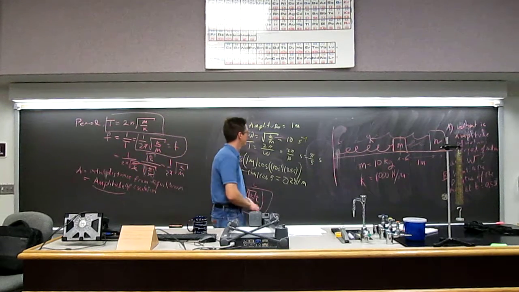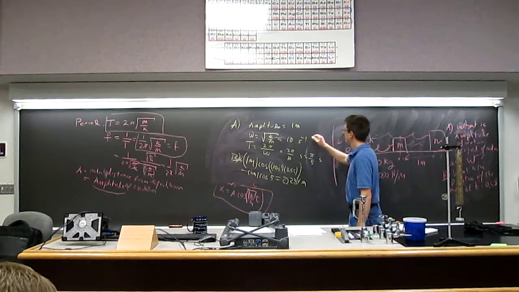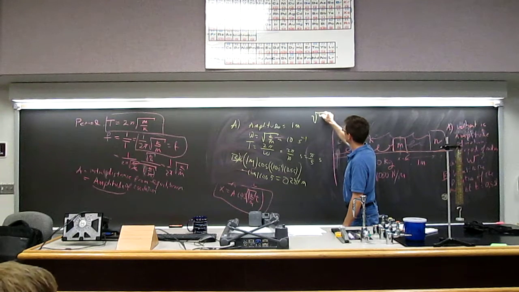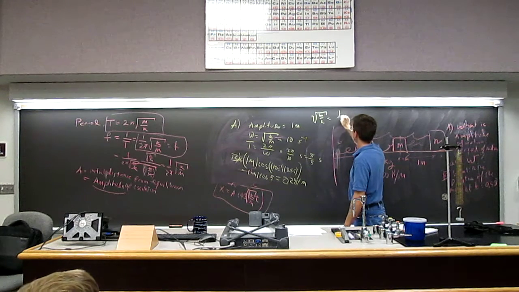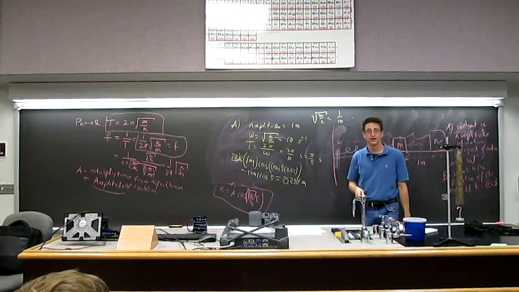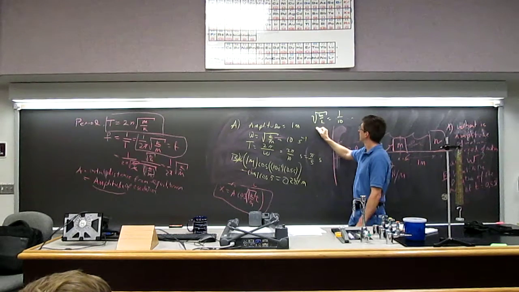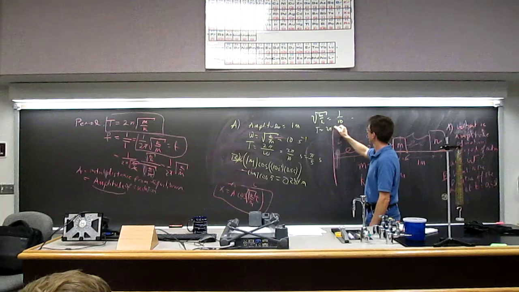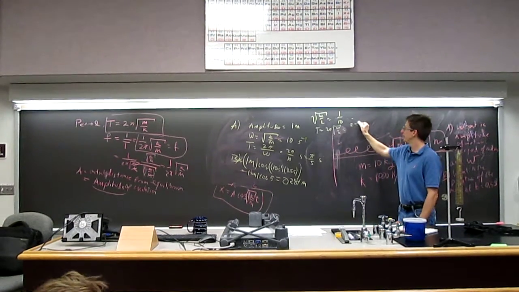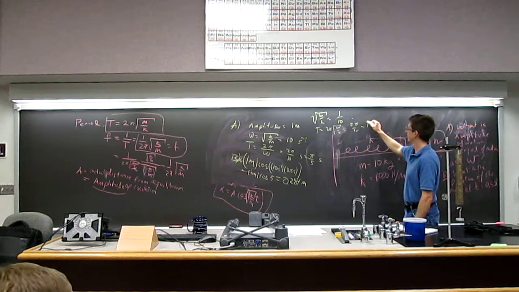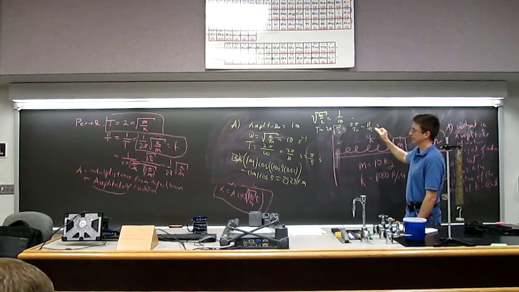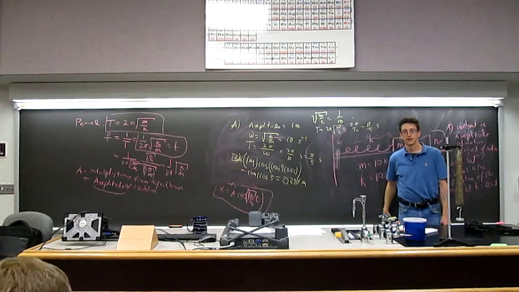So the square root of m over k is 1/10, right? So T is 2 pi times the square root of m over k. 2 pi over 10 is pi over 5. Yeah. I just did 10 instead of 1 over 10.